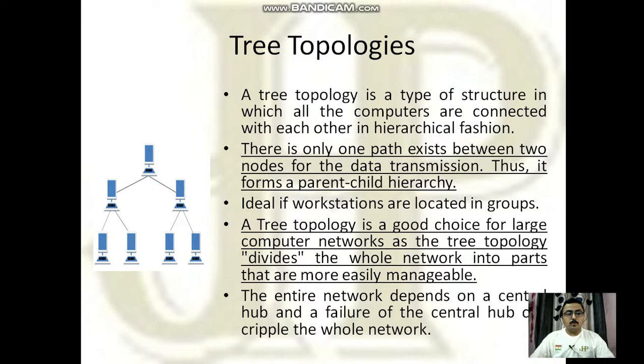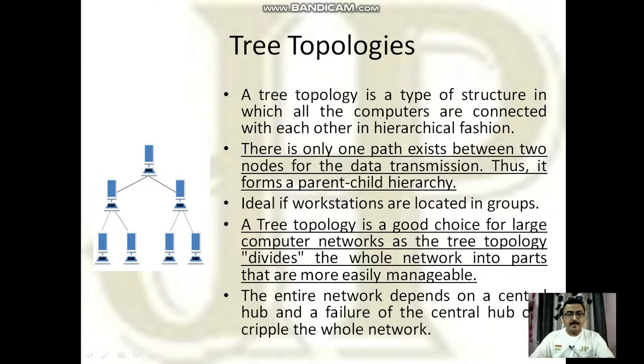Next one is tree topology. A tree topology is a type of structure in which all the computers are connected with each other in a hierarchical fashion. Like this, there is a single root. This root has two children, and after that it moves downwards.